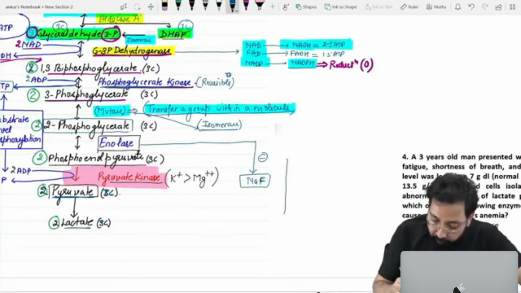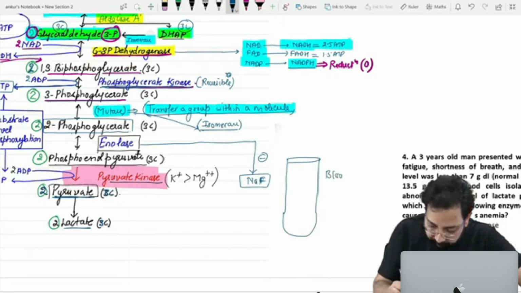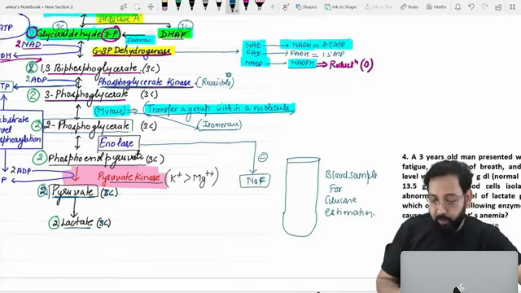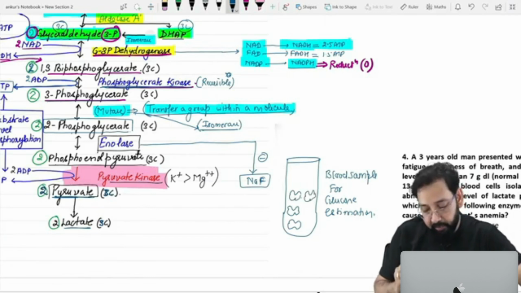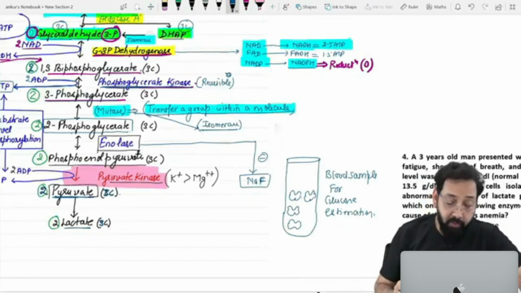If you want to take a blood sample for blood glucose estimation, you know that blood has RBCs. RBCs utilize glucose, most of the cells in our body utilize glucose.